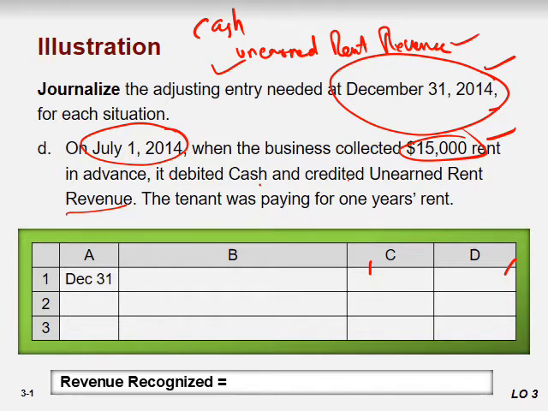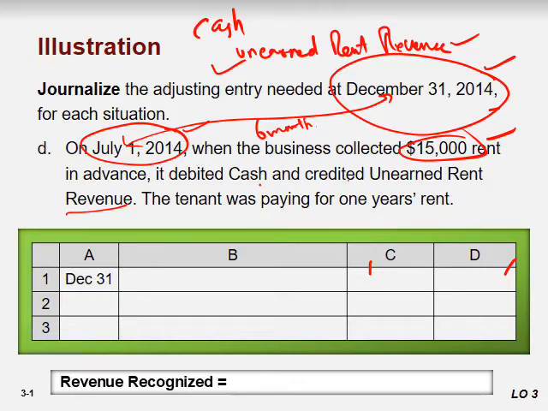Revenue, which means they created this liability, right? And now we have to reduce this liability against the revenue, because now after passing 6 months, July to December, we can claim that we earned it.